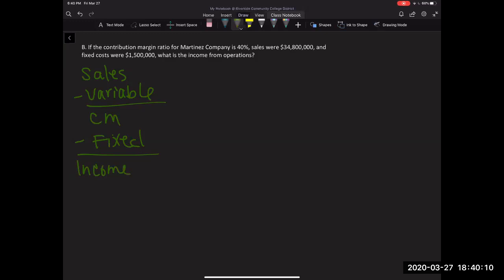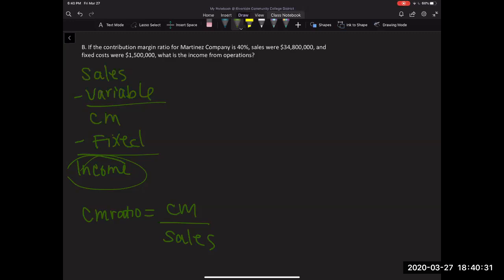And we also know that the formula for our contribution margin ratio equals contribution margin divided by sales. So we're trying to get at this number, and we have a lot of noise in this question.